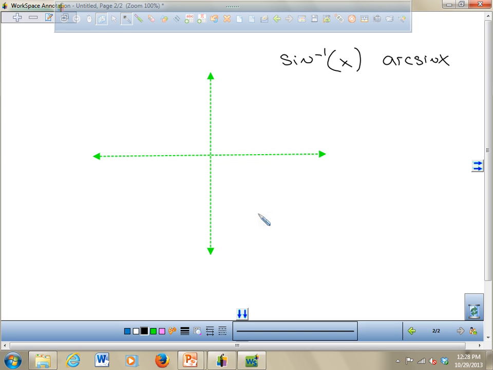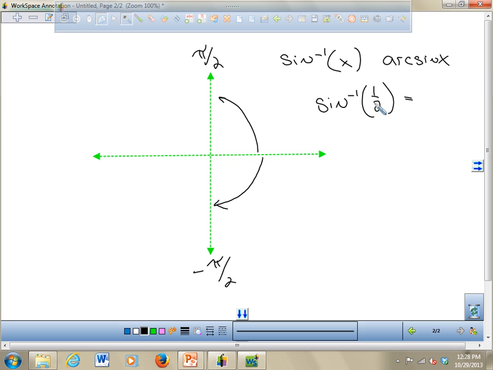Okay? And you're only allowed to look for that answer going this way or going this way. Okay? So this is, they call this positive pi over 2. But in order to be consistent with that graph I just showed you, you only look for your answer here or here, even though there are multiple places where sine is equal to something. For instance, if I said inverse sine of 1/2, okay, what is the answer to this?